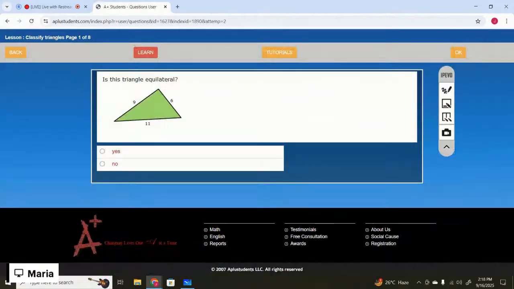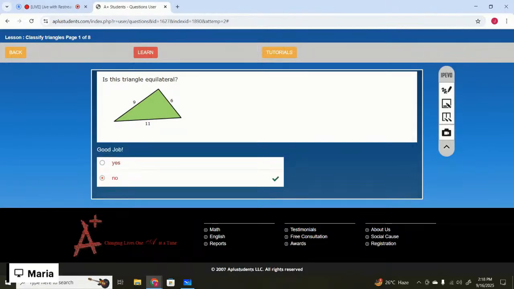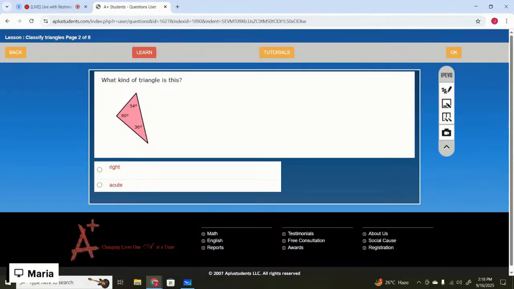Is this triangle equilateral? No. Equi means all the side lengths are exactly equal in measurement. So that is not an equilateral triangle. No. Okay. What kind of triangle is this?